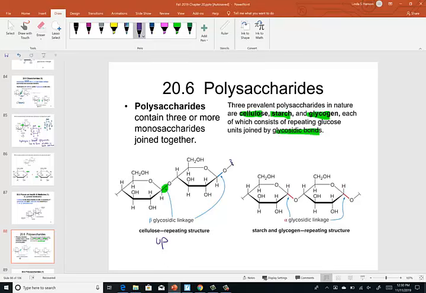When you see this little continuation on both sides, it means that this pattern keeps repeating over and over. And this is an alpha glycosidic linkage because it's pointing down in that particular structure. So starch and glycogen have a repeating structure in an alpha position, and cellulose has a beta position.